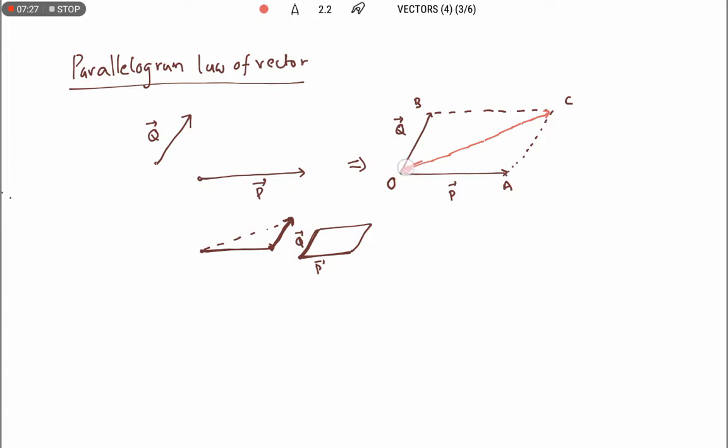So this is the resultant vector R bar. So R bar equals P bar plus Q bar. These are the steps to add the vectors in the graphical method.